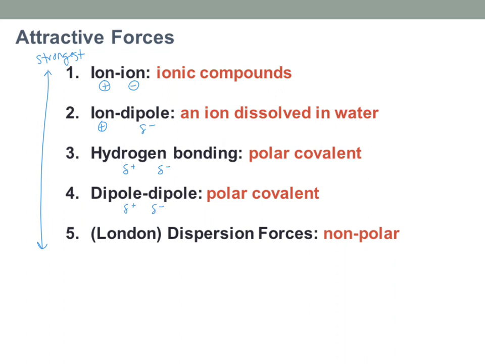Both are dipole-dipole, and I'll emphasize that again. And then lastly, we have the London dispersion forces, which is just the nonpolar things. There are no charges really to talk about whatsoever, just the instantaneous ones. Those are the weakest.